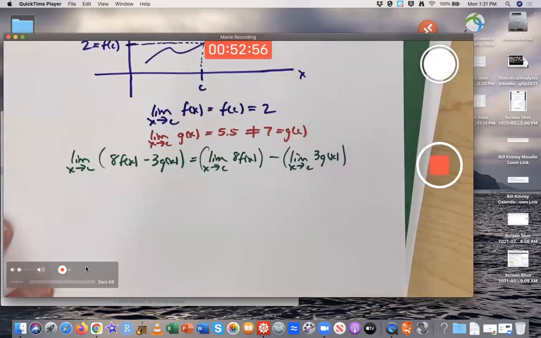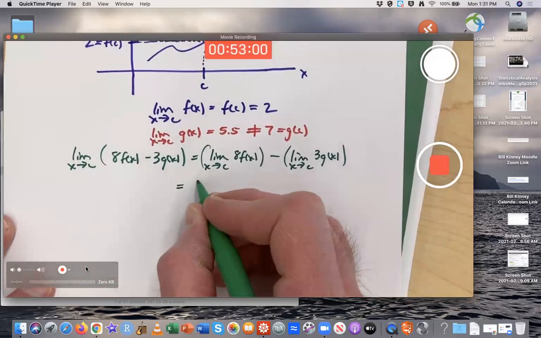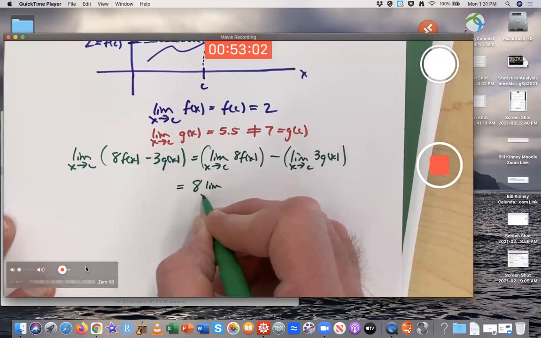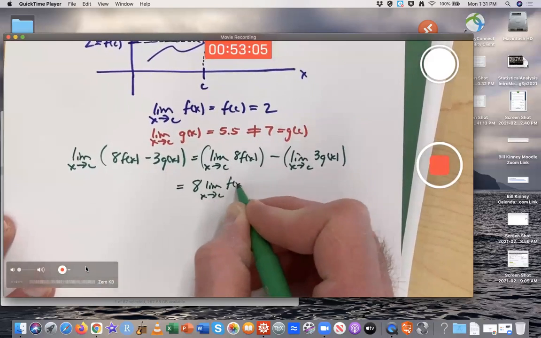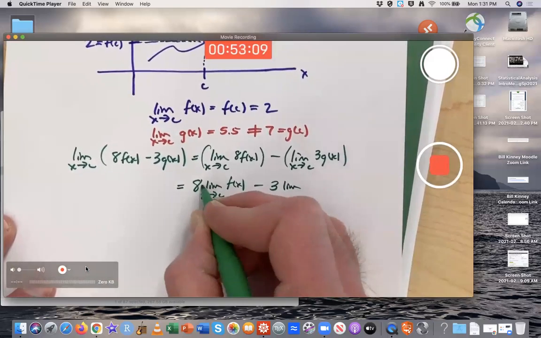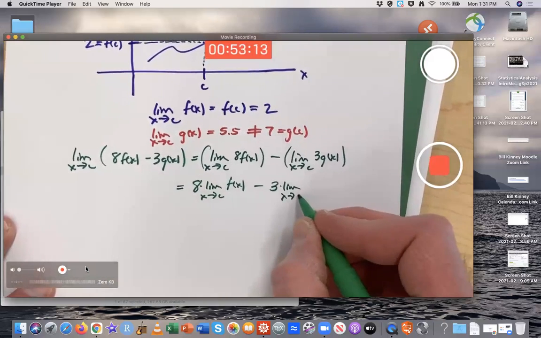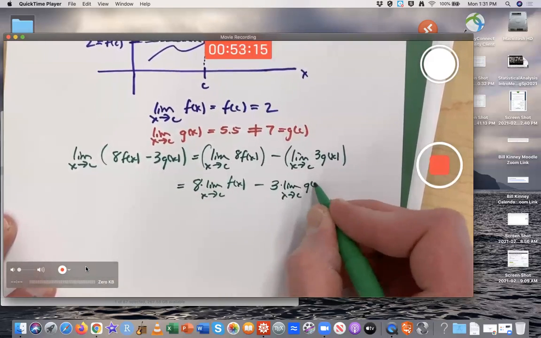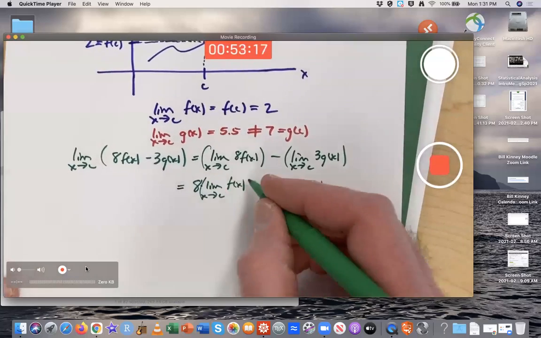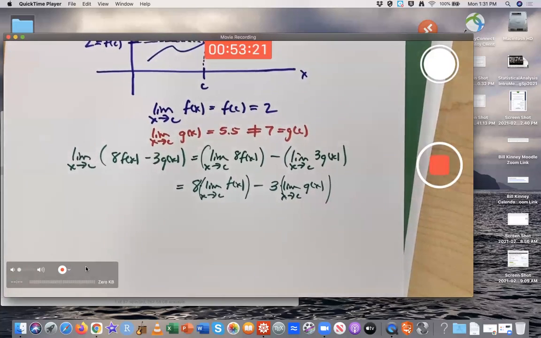And then the constants can also be brought out in front. The limit of 8 times f of x is 8 times the limit of f of x as x approaches c. And the 3 can be pulled out in front here. And these are multiplications going on. 8 times this limit and 3 times this limit. And for extra emphasis, I'll put parentheses around these. Those are individual numbers.